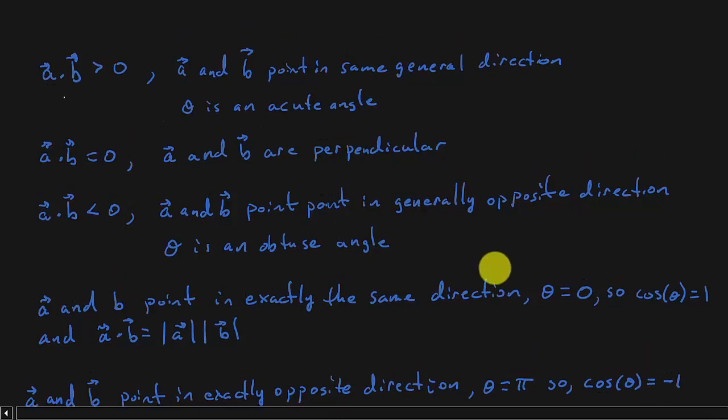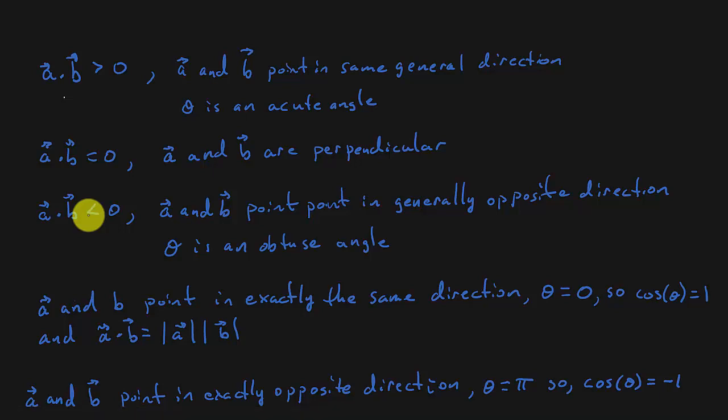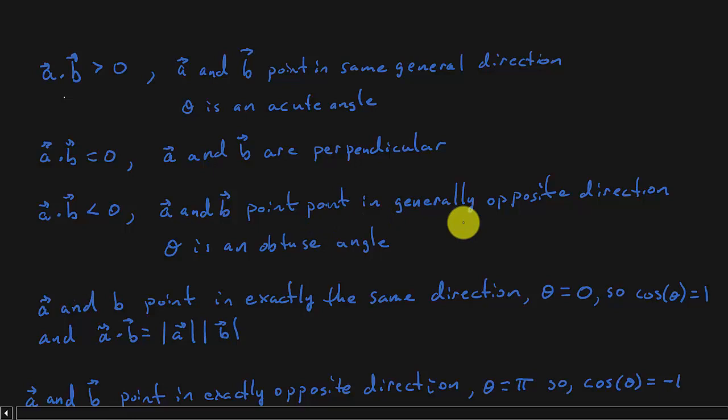All right. So up here, when the dot product was positive and when it was negative, we talked about when it's positive, it points in the same general direction. And then when it's negative, it points in generally opposite directions. Okay, so now listen to this.